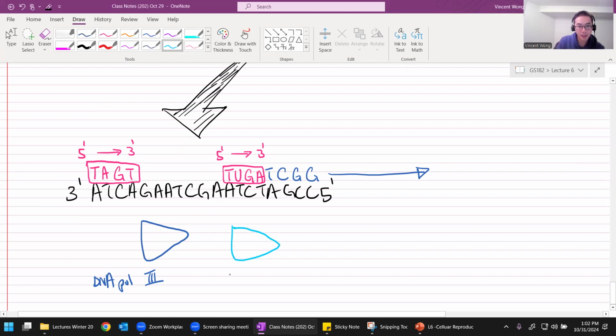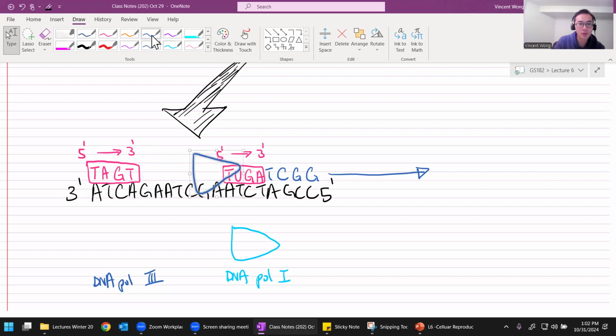And then there's another guy. This is DNA polymerase 1, which I haven't told you about yet. So this is a situation. The primase, which is the enzyme that lays down the primer. This is a TAGT. That's the primer, right? It's there. And then the polymerase 3 is gonna hop on, and then it's gonna move along the DNA and build a strand, right? Again, that's old news. Nothing's new.